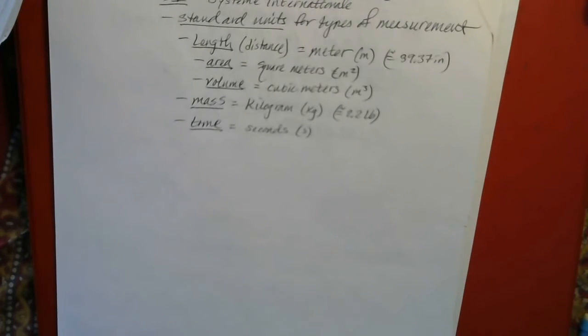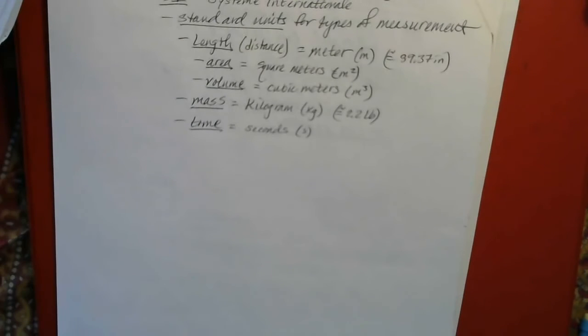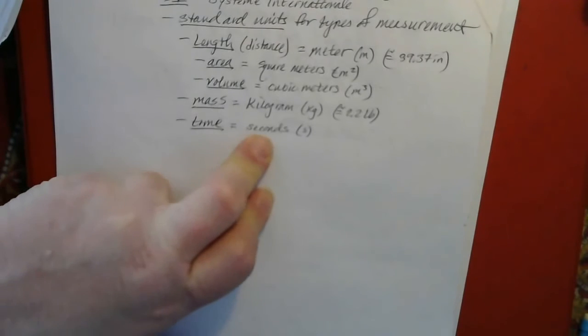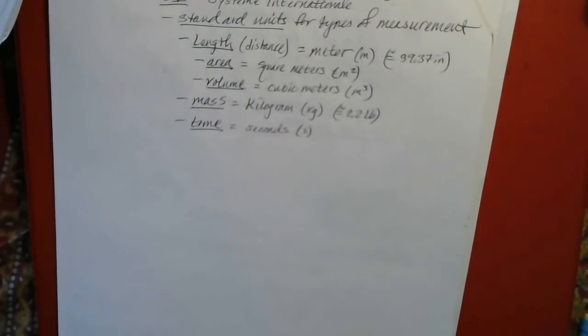And with most measurements, like length and width and height and mass and volume, it worked just fine. But they also tried to decimalize time, and that didn't work out so well. So they eventually gave up on that and went back to the standard 24 hours in a day, 60 minutes in an hour, 60 seconds in a minute. So this second is the same second that we use in the English system.